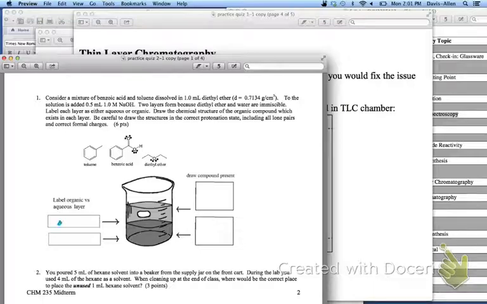We've got organic, aqueous. How do you determine which layer is on top? Density. It has nothing to do with organic or aqueous. It has everything to do with density. If the density of your compound changes, it's going to change where it shows up. Okay? How would you find out what the density of diethyl ether was?